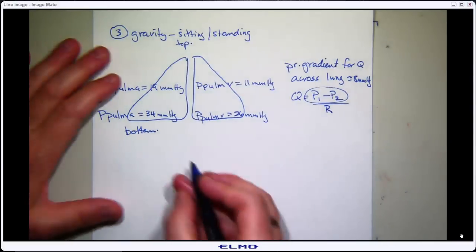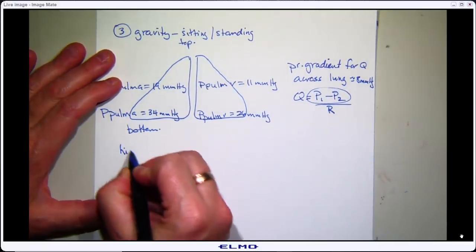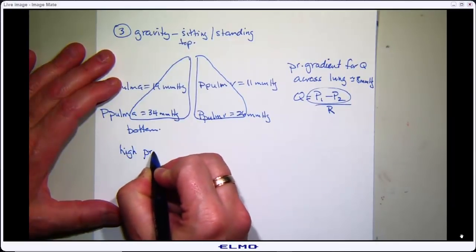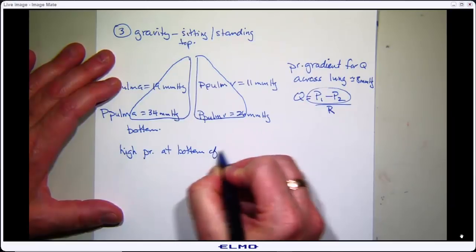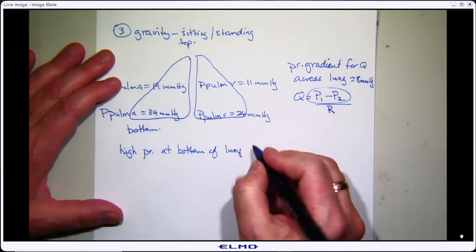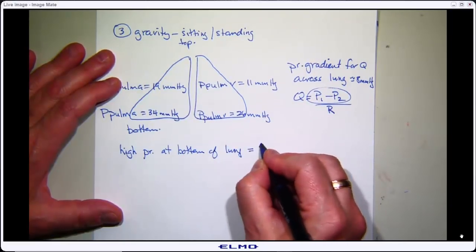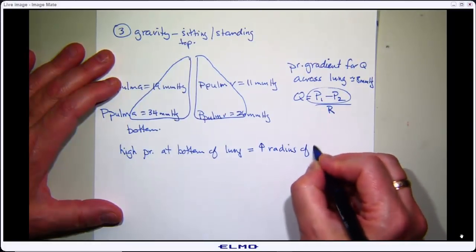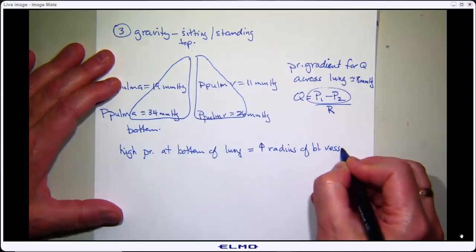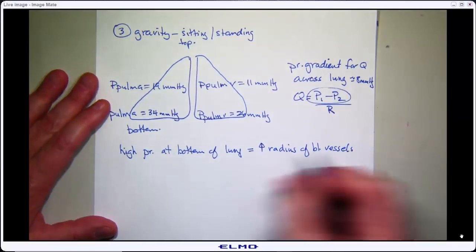So they've got a high pressure at the bottom of the lung. This is going to increase the radius of the blood vessels at the bottom.